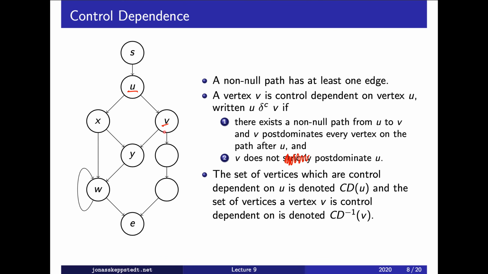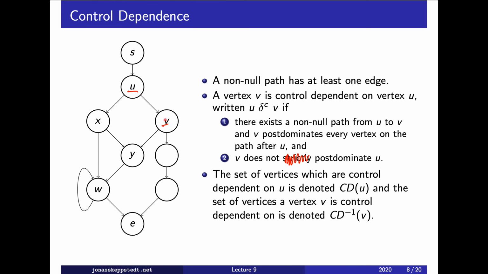which means there is an opportunity to go from V to exit without going through W, so that V controls whether W certainly will be executed if we go in that direction.